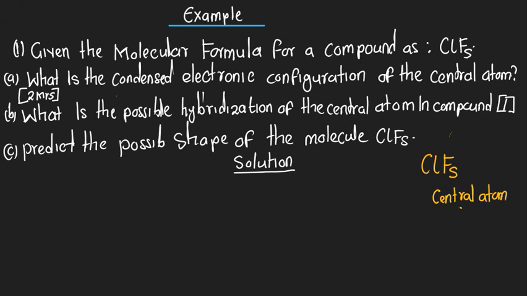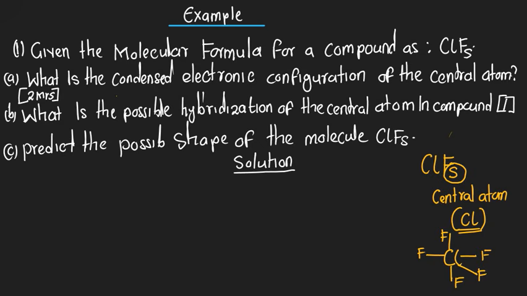How many bonds are going to be attached to chlorine? This number here will give you the number of bonds attached to chlorine. So we expect 5 of them to be attached there: your F, your F, your F, your F, your F. You are going to have 5 bonds.